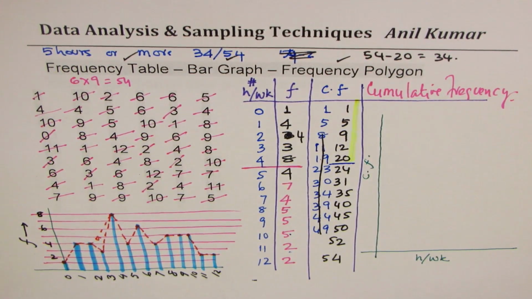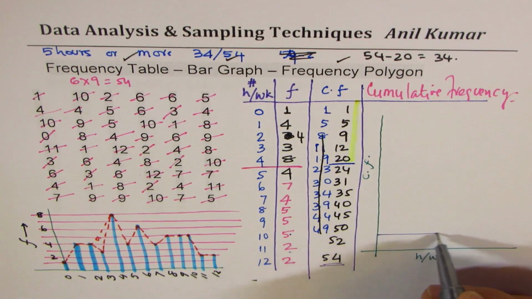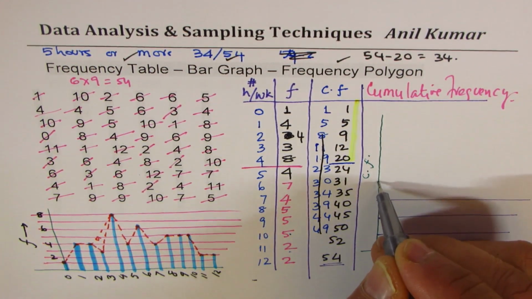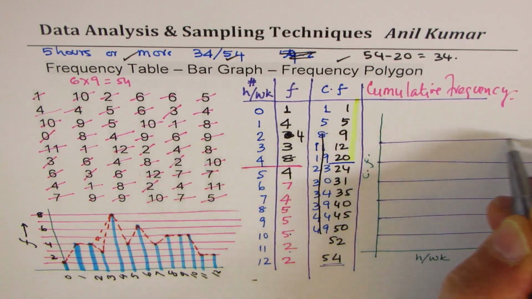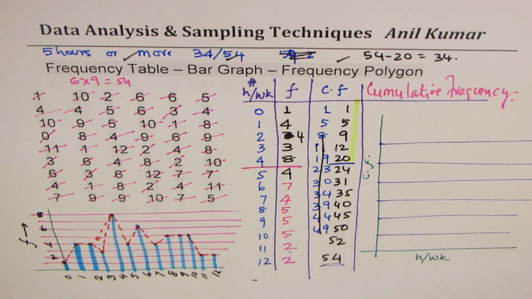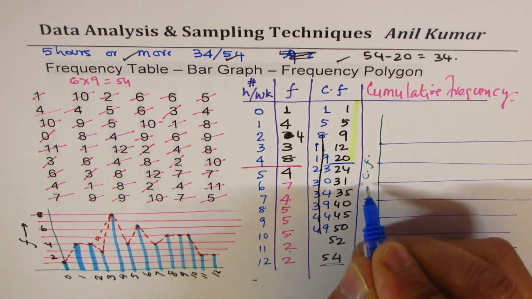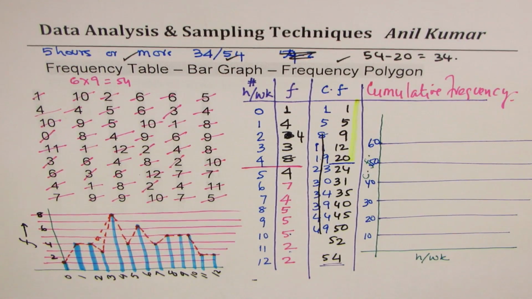Since 54 is the highest number, let's go by tens: 10, 20, 30, 40, 50, 60. Right, so I'll just squeeze in the numbers.